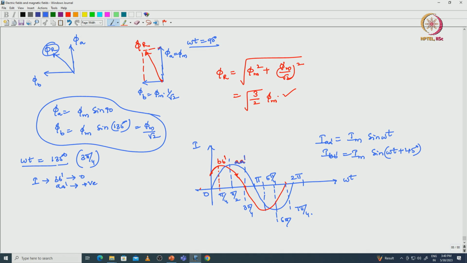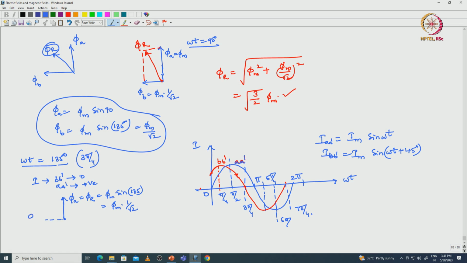With respect to our reference, this is the phi A vector, and the resultant flux vector is also in the same direction, that is phi r. That magnitude is phi m sin 135 degrees, phi m sin 90 plus 45, which is again 1 by root 2.